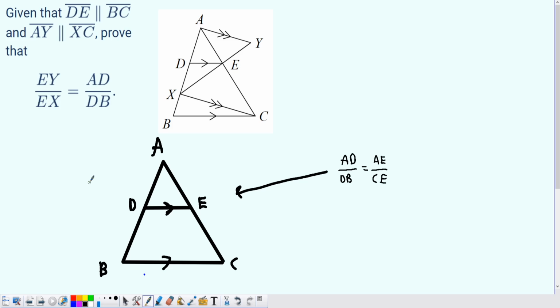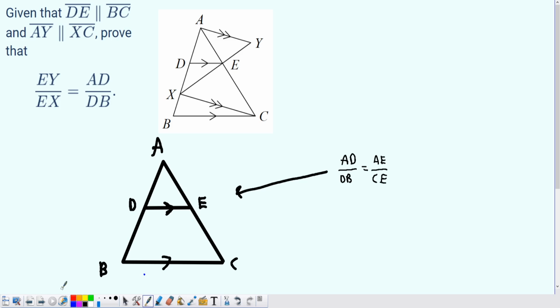That being, we can make a ratio AD over DB, the one side of the small triangle over the larger side, equivalent to AE over CE, the other portion of the larger side of the triangle.